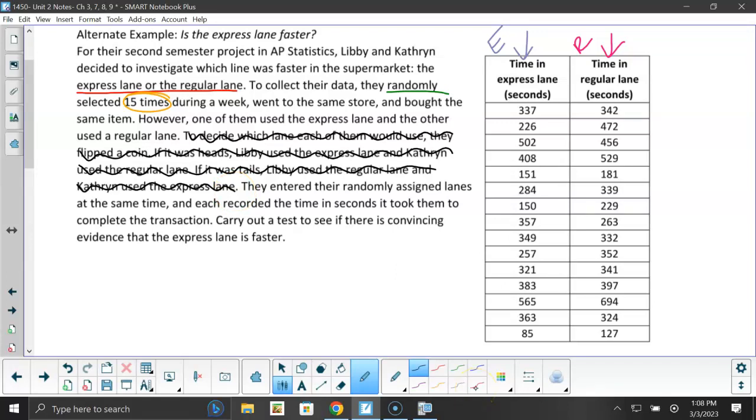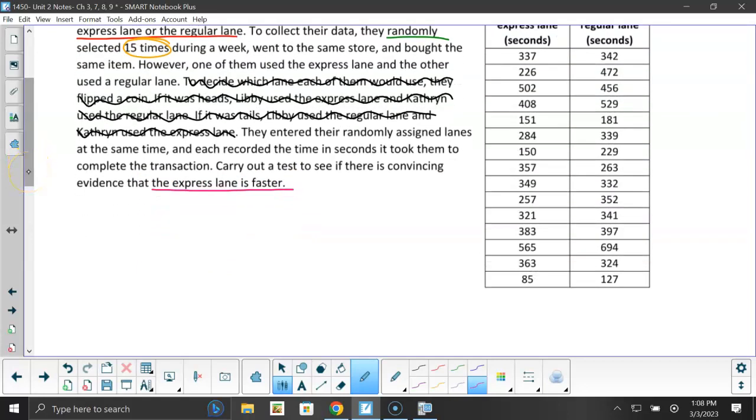Okay. So they entered the randomly assigned lanes at the same time and then recorded how much time it took them. Carry out a test to see if there is convincing evidence that the express lane is faster. Okay? So, when we go to do this, we're going to actually do regular minus the express lane. All right?